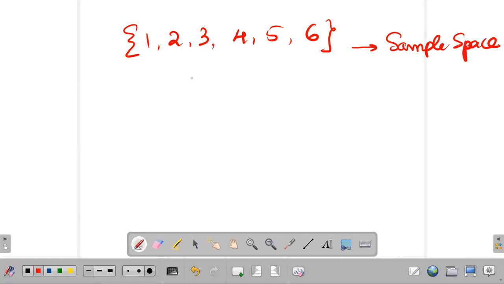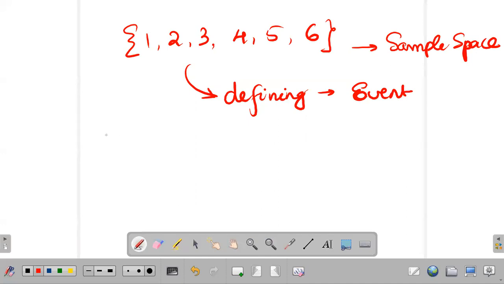Now, within the sample space, I will be defining something called the event. Sometimes the event may be like, what is the chance that I'm going to see an even number?